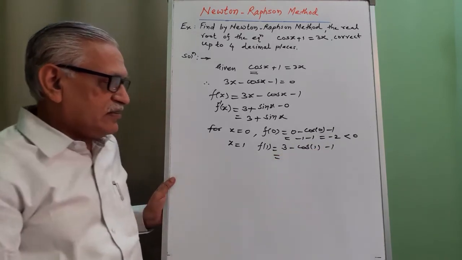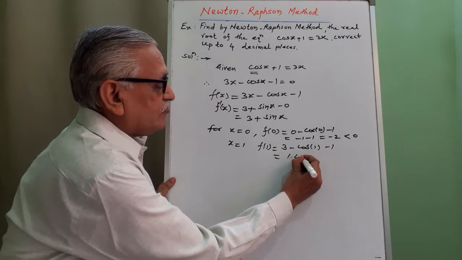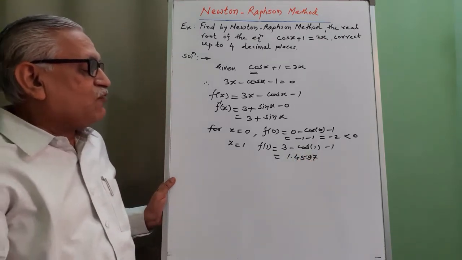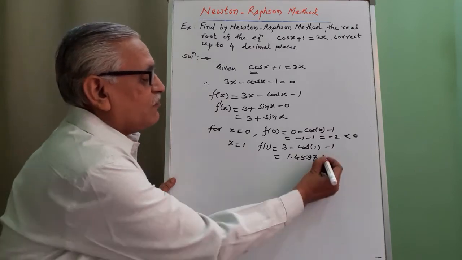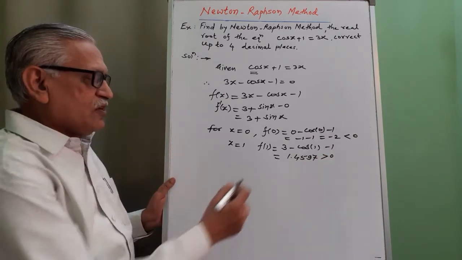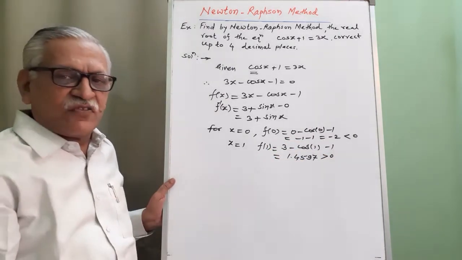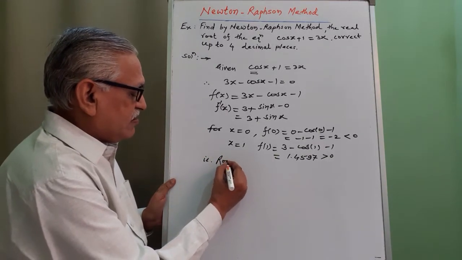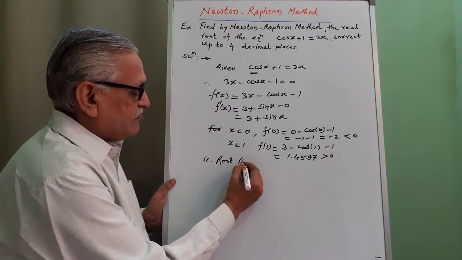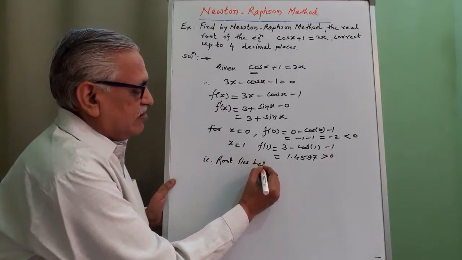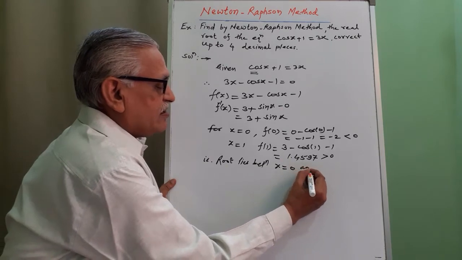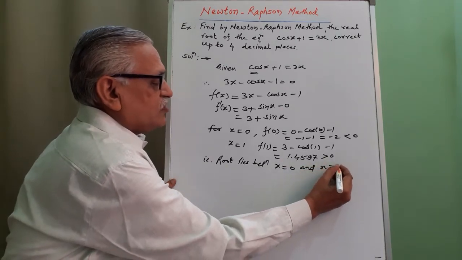By calculator it is 1.4597, a positive value. As one is with negative sign and another with positive sign, the root lies between x is equal to 0 and x is equal to 1.